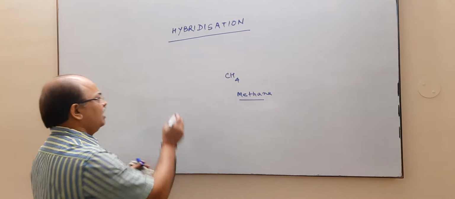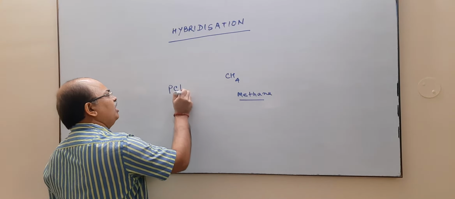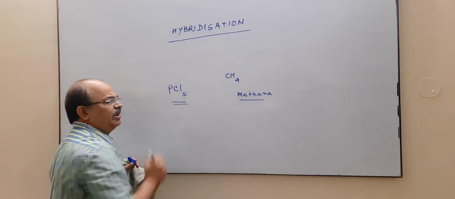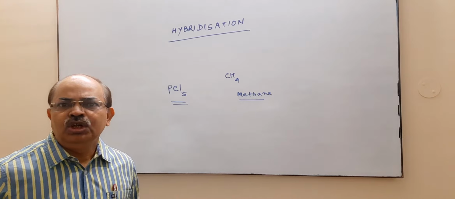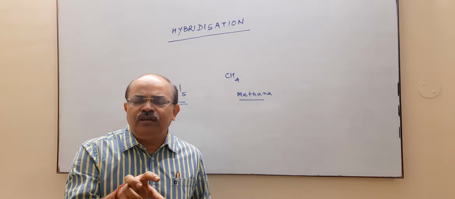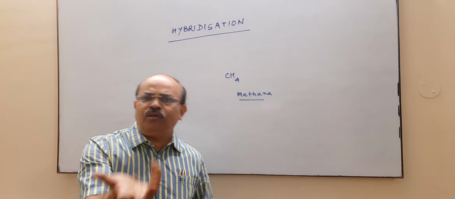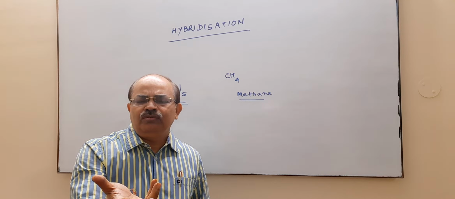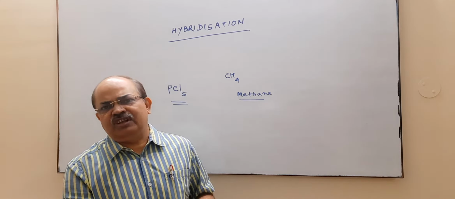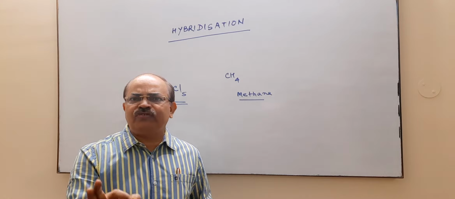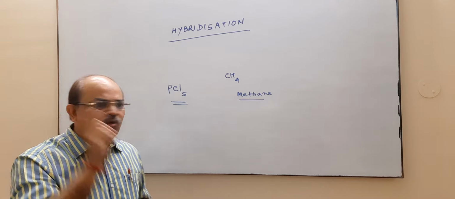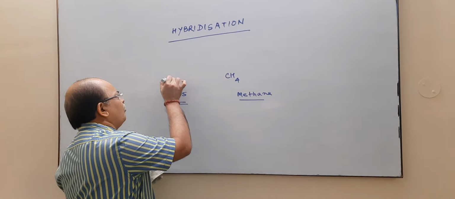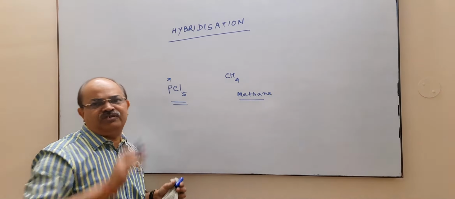Similarly, if we consider a molecule like PCl5, that is phosphorus pentachloride, and someone asks what is the hybridization of PCl5, it may be acceptable to say, but the question is wrong. The correct question is what is the hybridization of phosphorus in PCl5.